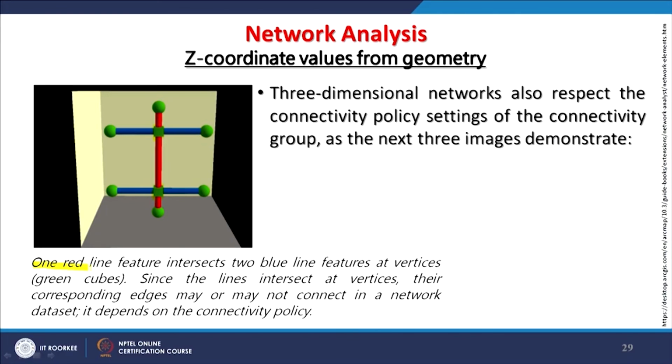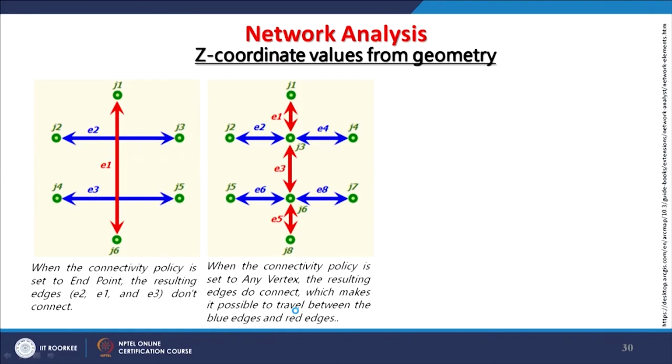Like here, one red line feature intersects with the two blue line features, the top one and the bottom one. And since the lines connect at vertices, their corresponding edges may or may not connect in the network dataset, depending on the connectivity policy. So, that much information is required when we are dealing with the z coordinate.